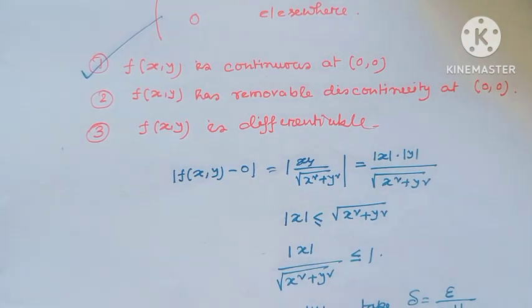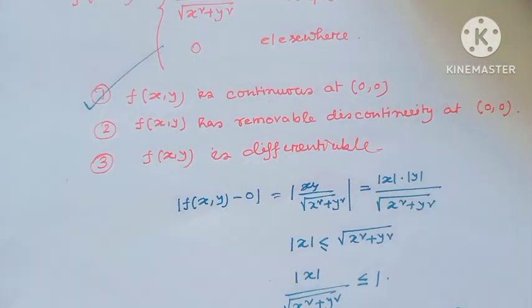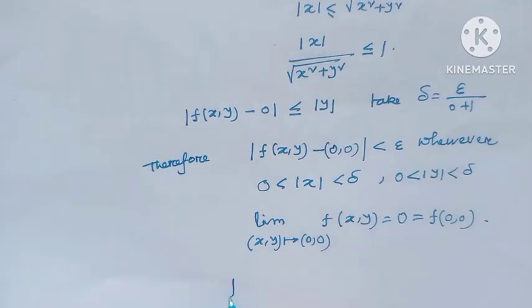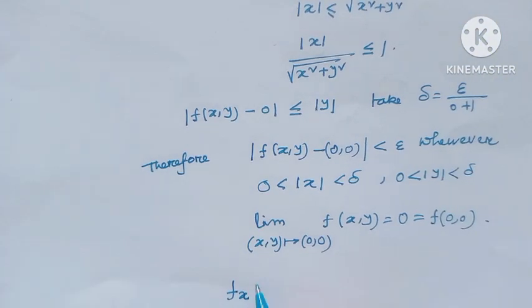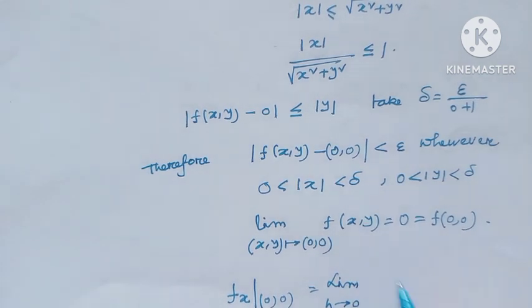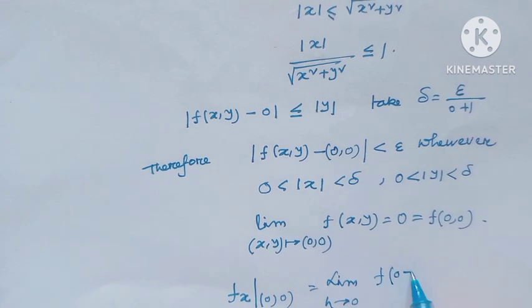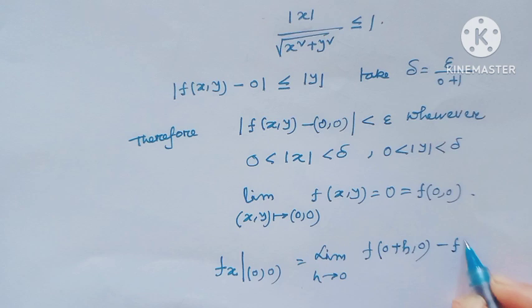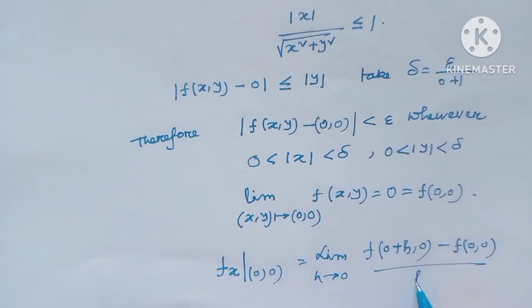Next, differentiability of f(x,y). For differentiability, at first consider the partial derivative with respect to x at the point (0,0). This value would be the limit as h tends to 0 of f(0+h, 0) minus f(0,0) divided by h.